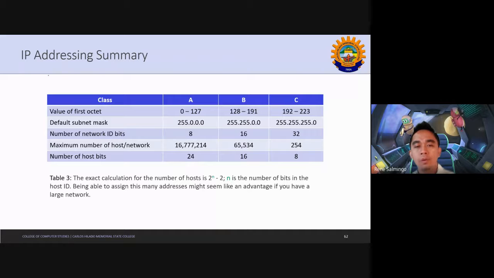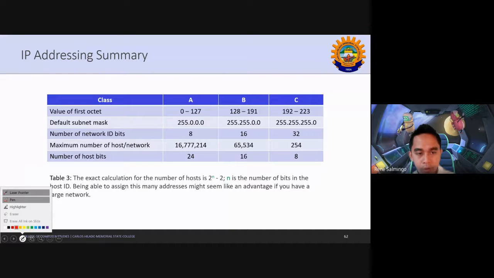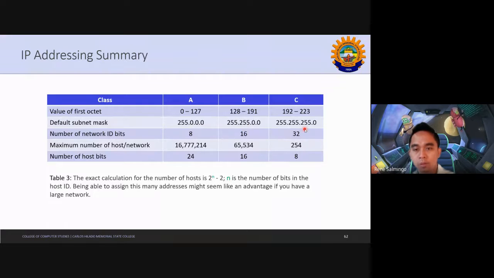And the default subnet masks are usually the following: class A, class B, class C. Now, take note of this calculation. To get the number of hosts, you need 2 to the n minus 2, where n is the number of bits in the host ID that can be assigned to its main address.